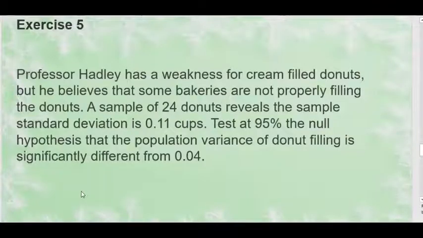Exercise 5. Professor Hadley has a weakness for cream-filled donuts, but he believes that some bakeries are not properly filling the donuts. A sample of 24 donuts is selected and reveals the sample standard deviation equal to 0.11 cups.